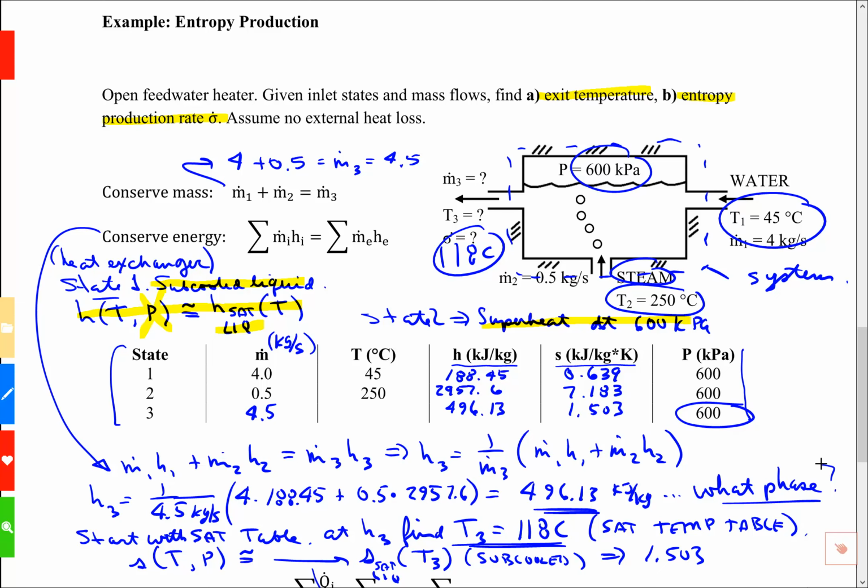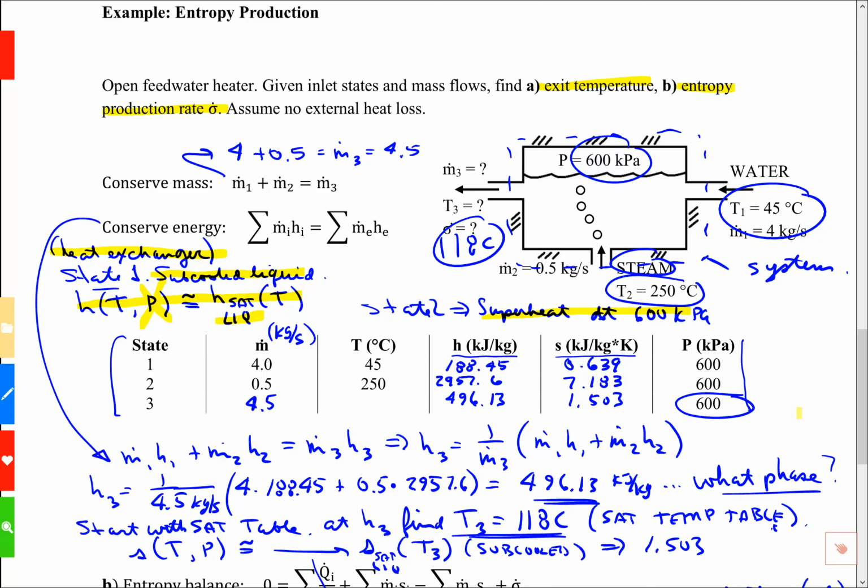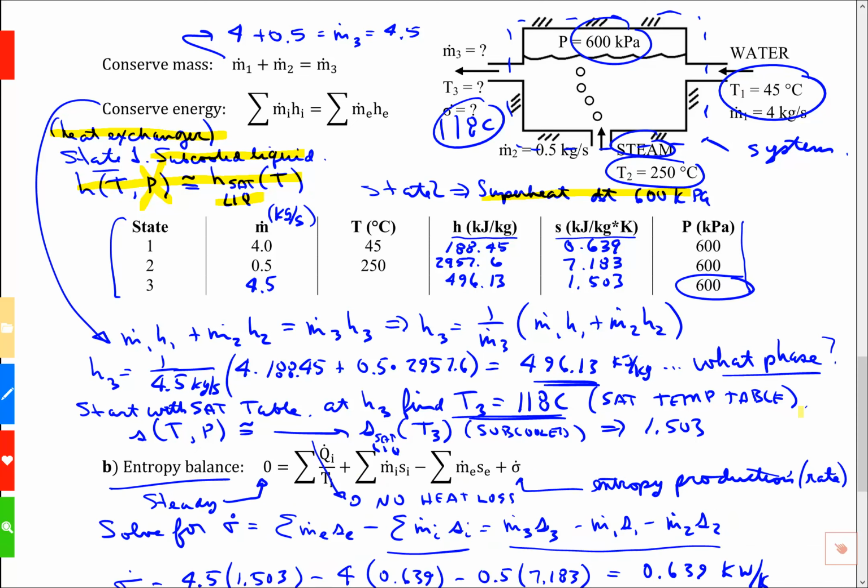We conserved energy by using a heat exchanger relationship and found the final H, but we didn't know the phase. When you don't know the phase, start with a saturated table. Then if the value comes out below, it's subcooled. That's what we found. If it turns out beyond the table values, then it's superheat. So if you aren't sure, start with a saturated table.